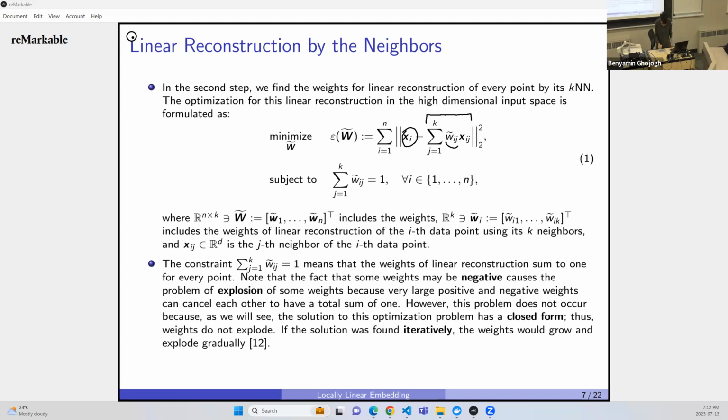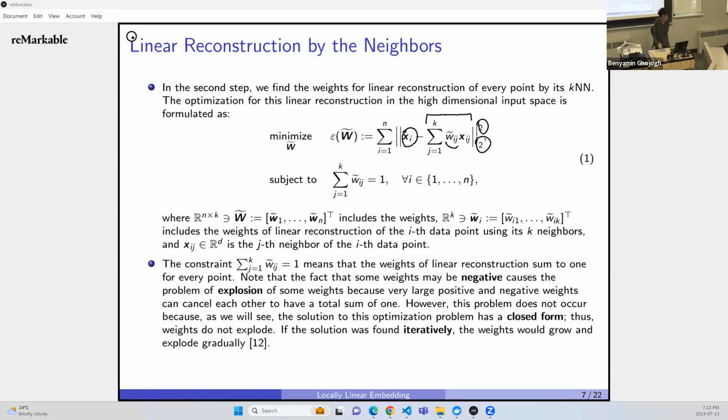And also I want the distance between these two to be minimized. I want the distance between every point and the linear combination of its neighbors to be minimized. Therefore, I minimize the squared L2 norm, which is a squared Euclidean distance, right?